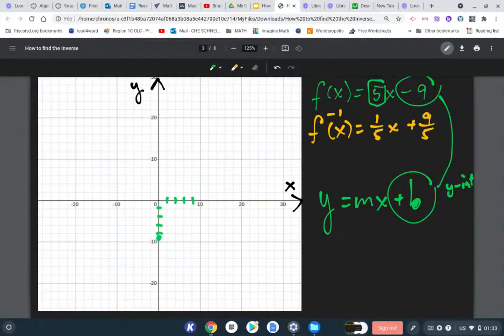So you plot that, -9, and then your rise over run is going to be 5/1, because the number in front of x, the so-called coefficient of x, is 5, and as a fraction that would be 5/1. So at the y-intercept you start at -9, and then you go 5 up, 1 to the side. Pay attention to the interval, 5 up, 1 to the side.